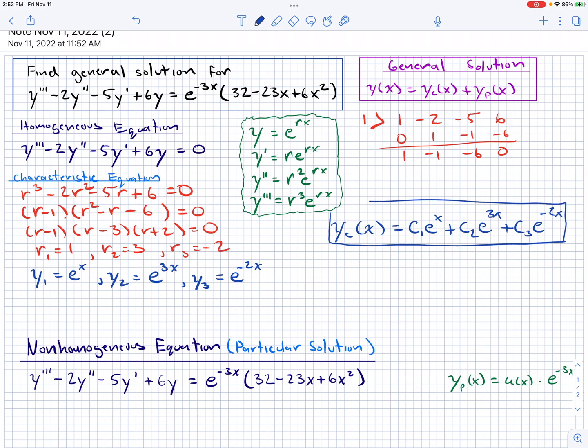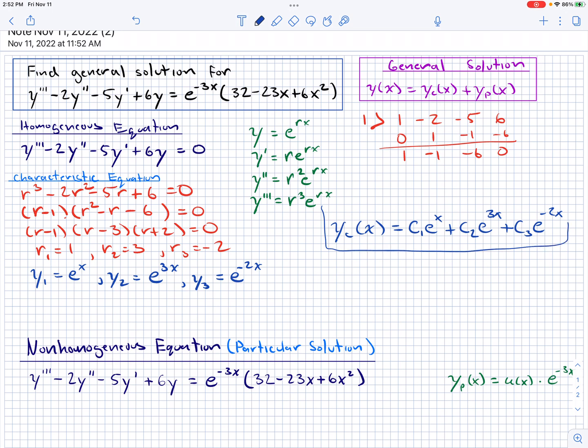And then we need to find a solution to the non-homogeneous equation, a particular solution.